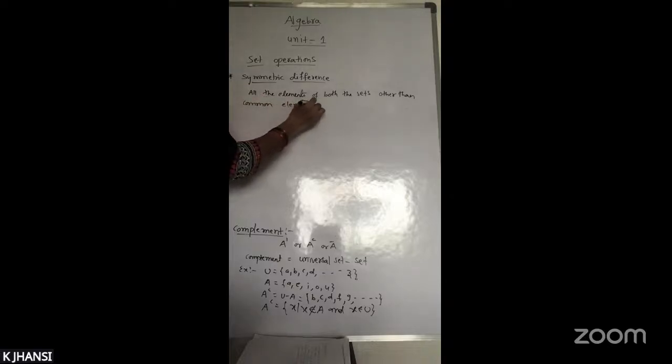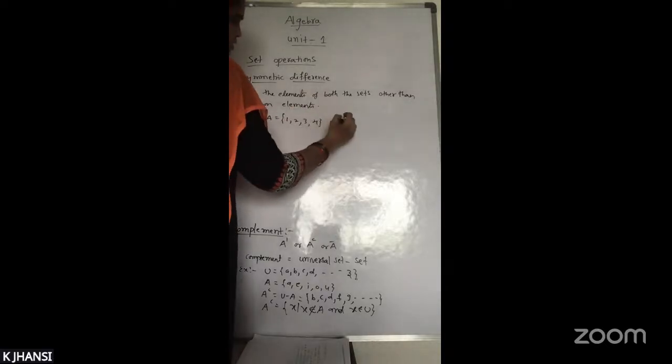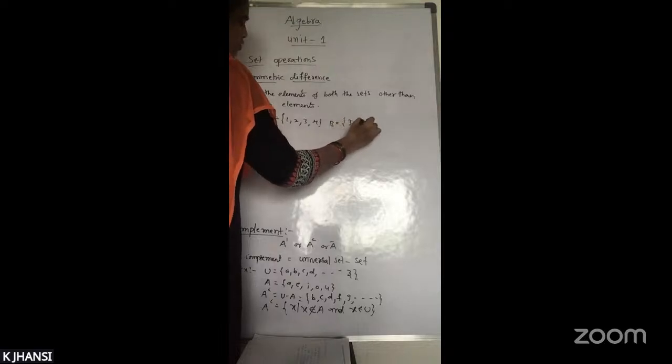That means you have to eliminate the common elements and write whatever remaining elements are there. You can take an example: A is equal to {1, 2, 3, 4} and B is equal to {3, 4, 5, 6, 7}.